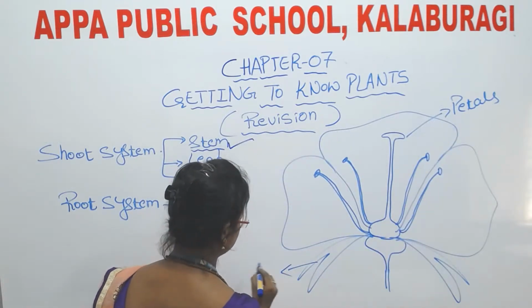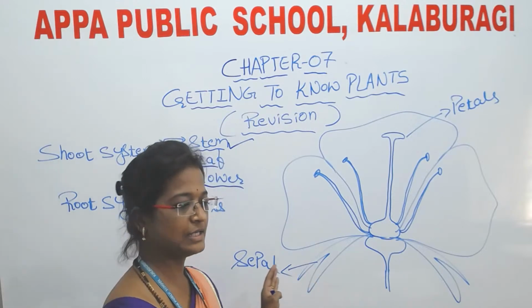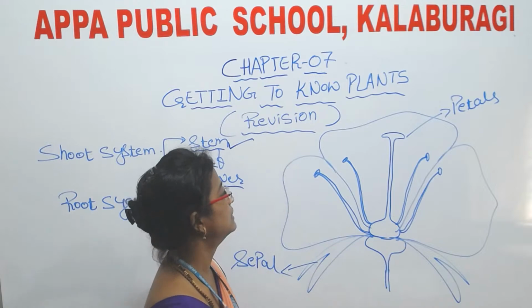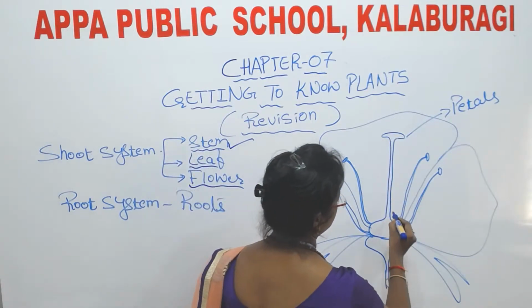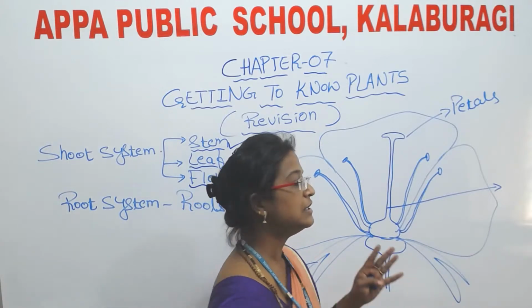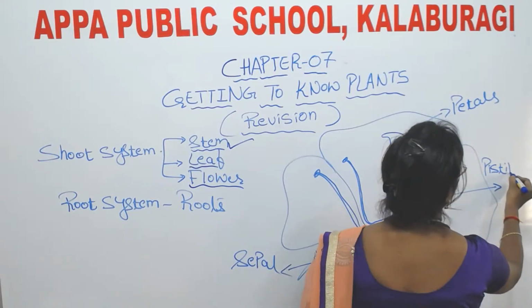And what is this? This part is called sepal. Sepal will be green in color. And this part is the female reproductive part of a flower, this is pistil.